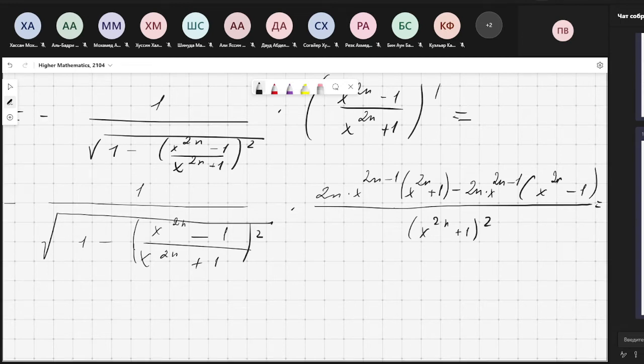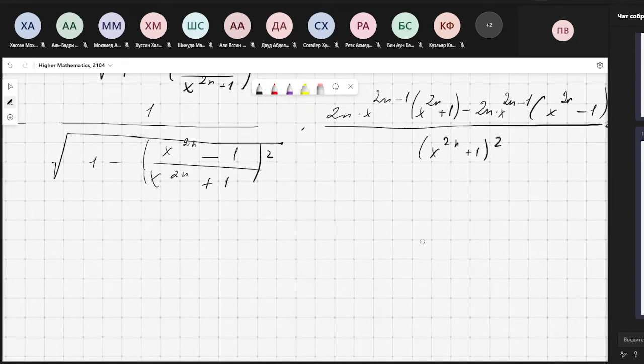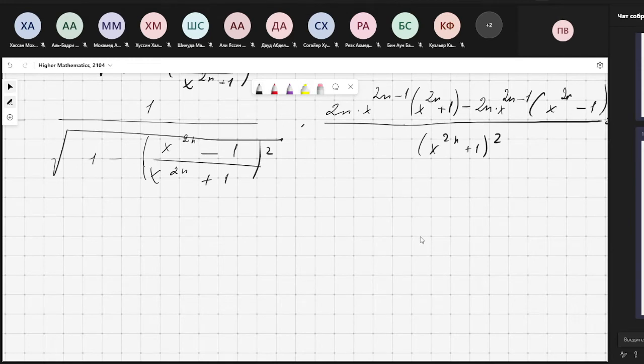I take 1 degree of the denominator into the square root in the first term, first multiply. We will have square root of x to the power 2n plus 1 squared minus x to the power 2n minus 1 squared.